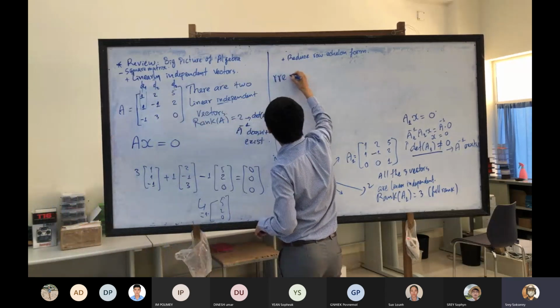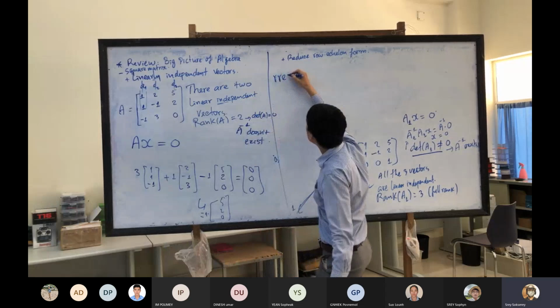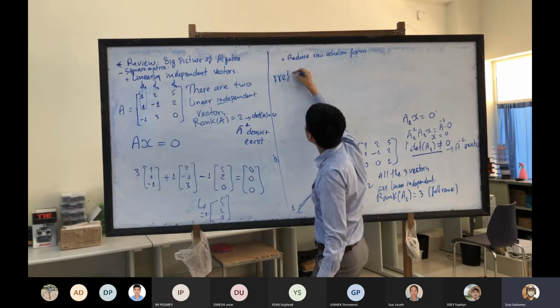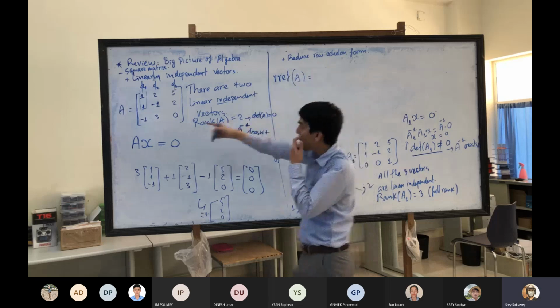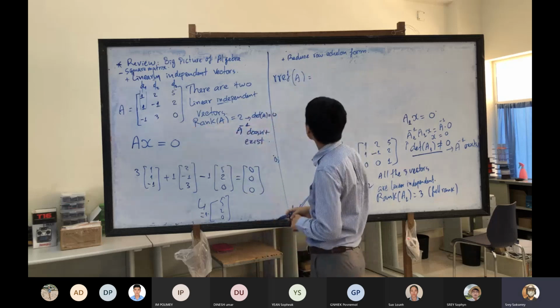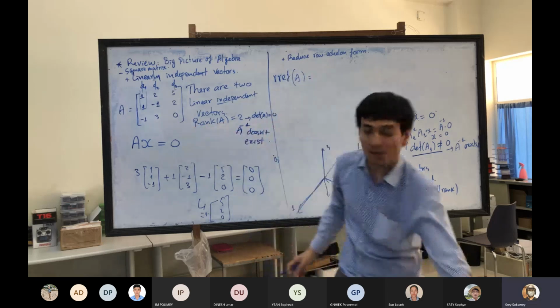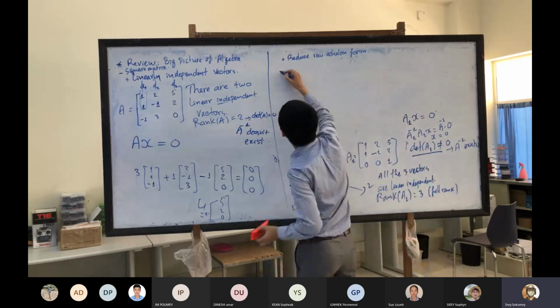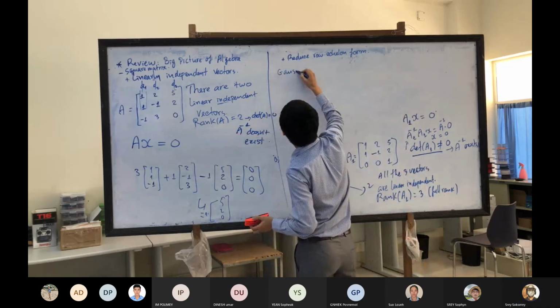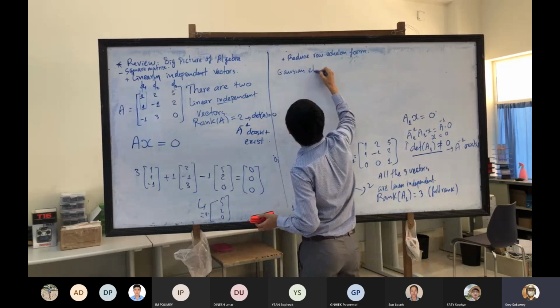The reduced row echelon form of A equals... I think this is the final result, but first we use Gaussian elimination.